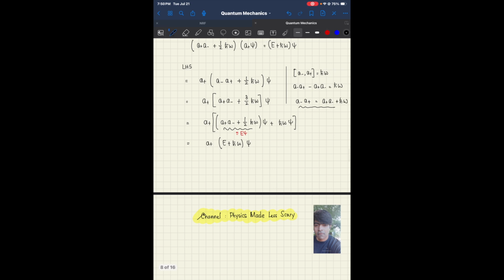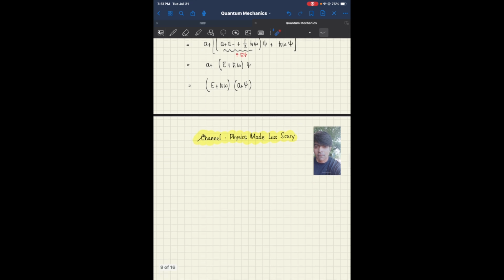Okay, that's it. We are done. So this proves the claim, right? That this is e plus h cross omega, a plus psi. Again, you have to be careful here. These are numbers, okay? 5, 7, 20 something. So of course this easily goes through. There is no problem here. So this is equal to this. So I have proved this for you.